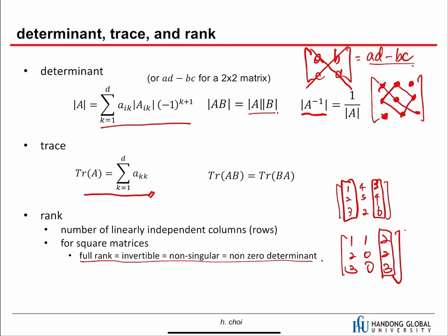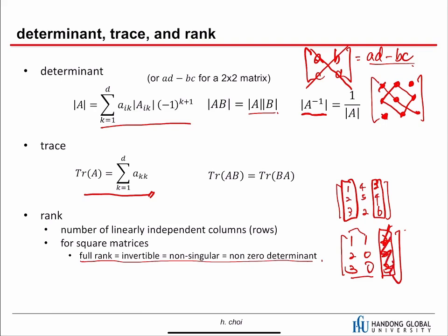Okay, so if we can represent this vector based on the weighted sum of the other vectors, then this one is not linearly independent. In this case, actually, the rank is 2. So this one can be represented by a weighted sum of the other vectors, then just ignore that.